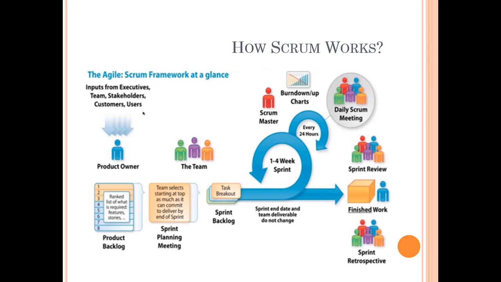where the Scrum Master keeps track of execution using burn down or burn up charts. It is a very easy artifact from Scrum to see what we are doing and where we are during the sprint. In this Scrum meeting, strictly no status update.